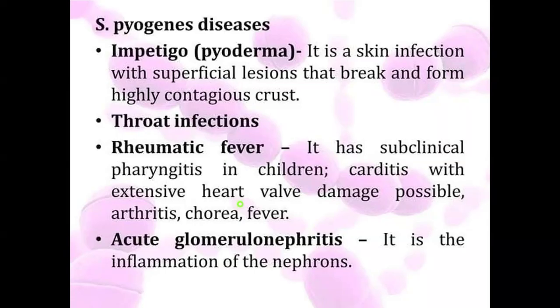But in Streptococcus, because it is not exactly toxic shock syndrome, we call it toxic shock-like syndrome. Quite similar to toxic shock syndrome, but now the causative agent is strep pyogenes. And then the third classification is immunologic. Immunologic now, it's rheumatic fever and acute glomerulonephritis.